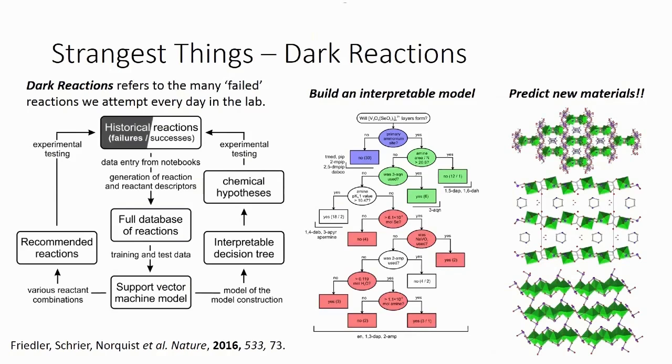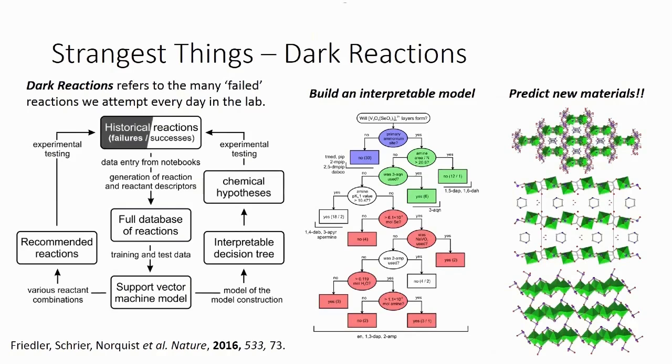And so what Josh's team did is they went through a bunch of graduate student notebooks, recorded the reactions, used the normal descriptors, reaction and reactant chemical descriptors, created a large database of reactions, and then used a support vector machine to create a model which could then make recommendations for new materials to synthesize and how to synthesize them.